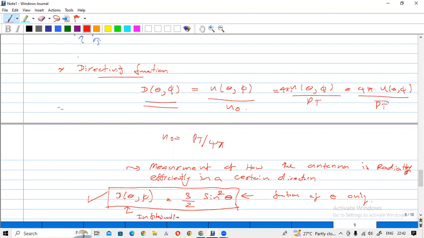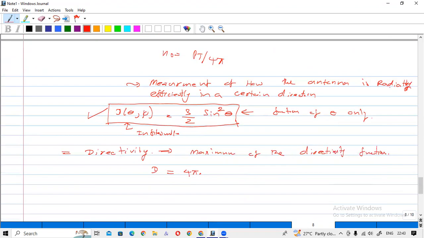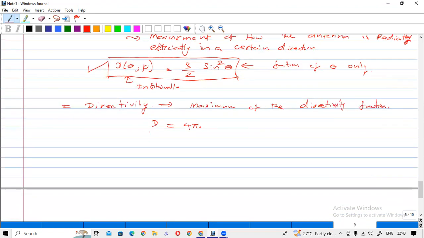Because P_t is a constant. It is the total radiated power that is a constant, and 4 pi is also a constant. But U is not constant. It is depending on theta and phi. So the directivity function gets its maximum value when U(theta, phi) is maximized. So that is 4 pi U max divided by P_t, and you will get the directivity.